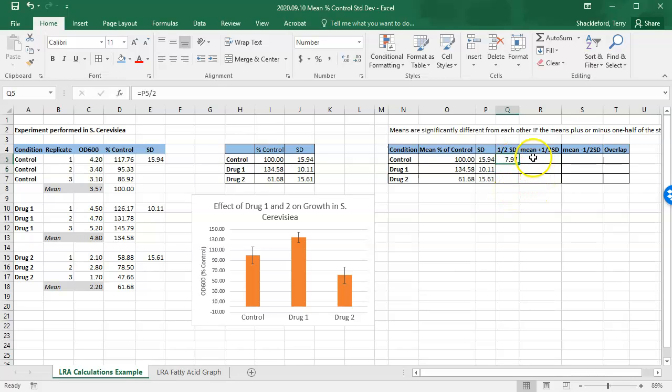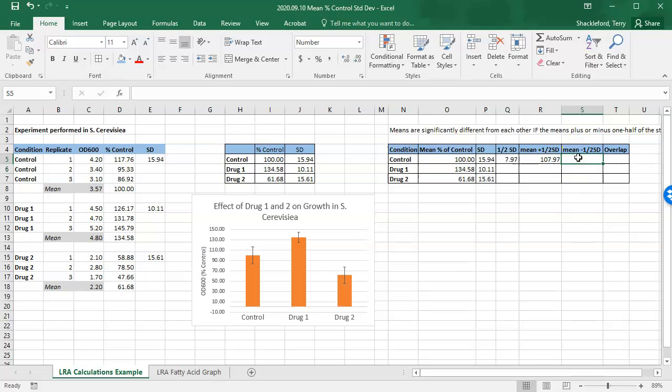Next, we're going to take the mean plus 1/2 standard deviation. I'll select the cell, hit equals, select the mean plus 1/2 standard deviation, which we just calculated, and hit the enter key, and it's going to do the math for you. So this takes 100 plus 1/2 standard deviation, which was 7.97, and it gives us 107.97.